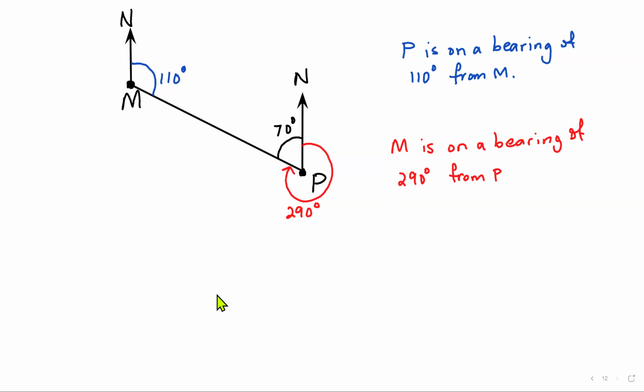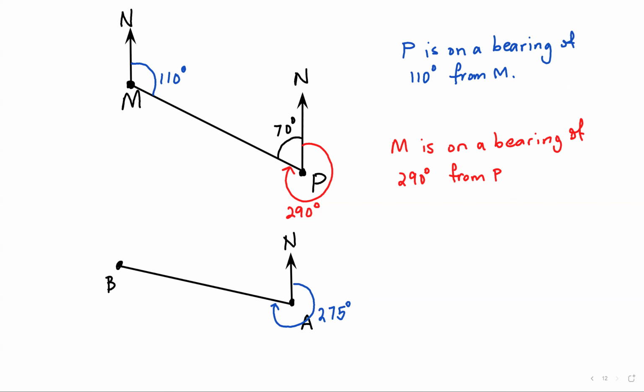Yes, sir. All right, so let's do one, okay? Let's say this point here is A, and this point is B. And I tell you that B is on a bearing of, if we're looking at B from A, the north line will go at A. The bearing of B from A will be this angle around here, and let's say this angle is 275 degrees.